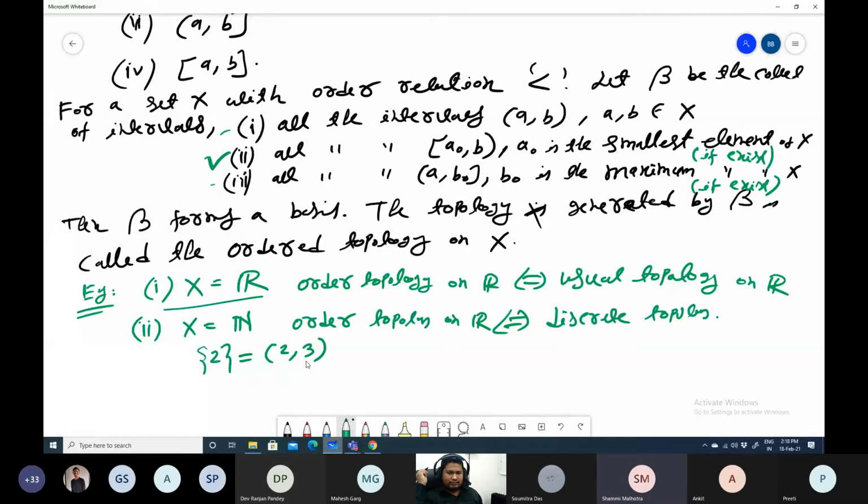Of the second form, closed 1 comma 2 we take. That will be closed 1, open 2, because it has the smallest element and that is 1. So that means every singleton set is an open set. Therefore, the usual order topology on N is actually a discrete topology. Is that clear?